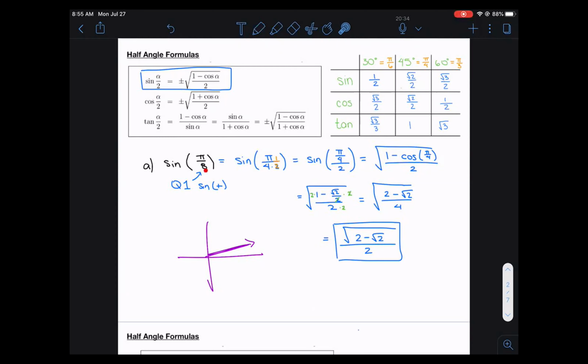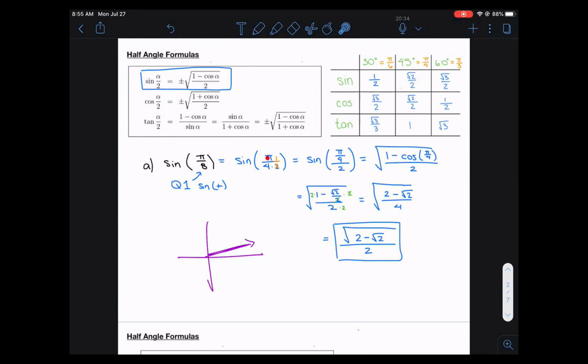Is there a number times 2 that gives you 8? Yes, that's 4. That means your original angle was pi over 4. So pi over 4 is double pi over 8.